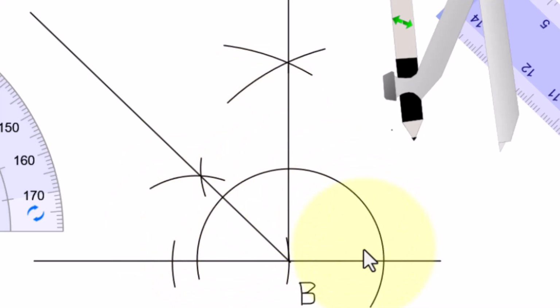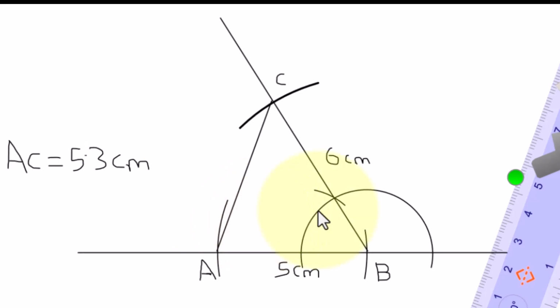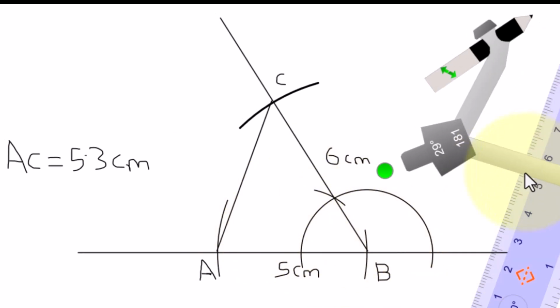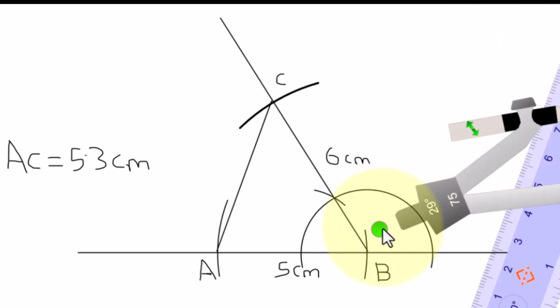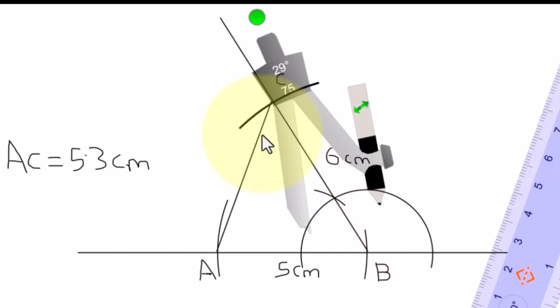Make sure you follow the steps the way I explained it carefully. Then this is 60. Then remember, if you want to get 30 degrees, you already know that 30 is 60 divided by 2. That means bisect your 60 degrees. You already know how to bisect.